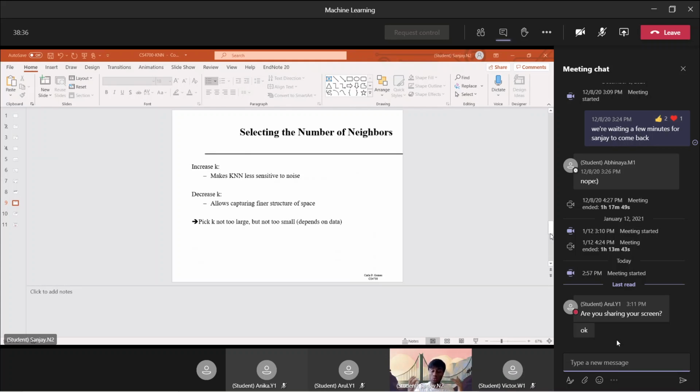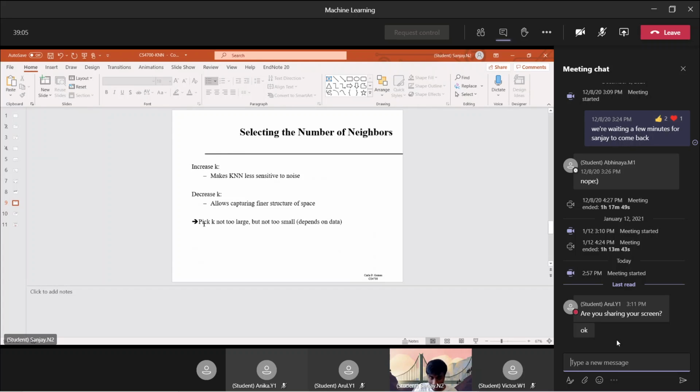If k is something like 20 or 25, which is a huge number, and you only have maybe 50 to 100 samples, a lot of samples in both classes will be considered in the calculation of the class of that new point. So if you make k too large, you'll end up not being able to understand the feature space very well.